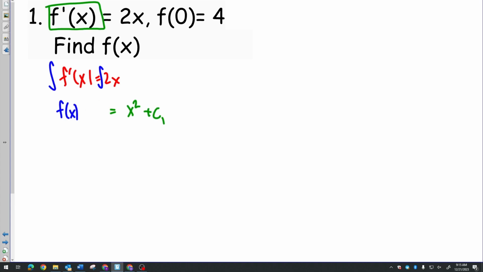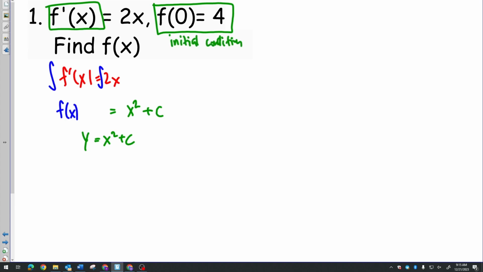So I'm going to push all my c's to one side. That way I don't have too many unknowns. And so this is my answer. I've solved for y. Remember, f of x is a code word for y. So I have solved my differential equation. The problem is I could also solve for c. So this is a great answer, but it's not the right answer, because this initial condition helps me solve for c.